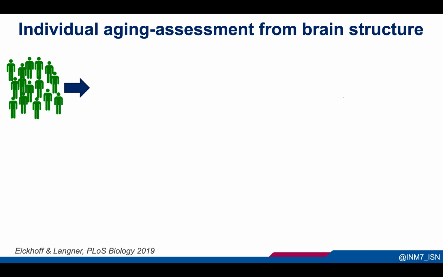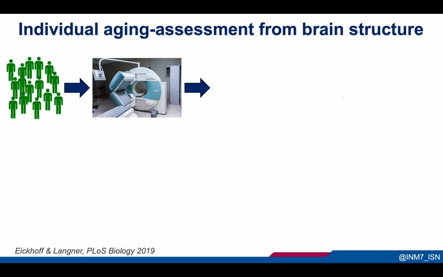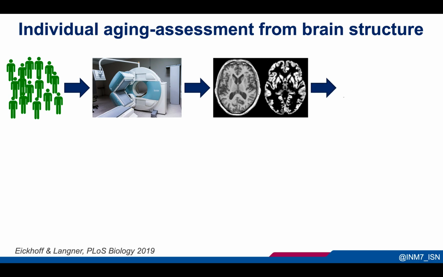Here I will demonstrate the general workflow of such a procedure. You need to start with a larger group of subjects, several hundreds, if not thousands of subjects, that are scanned with a standard T1 MRI, and the data is then pre-processed in an automated fashion.